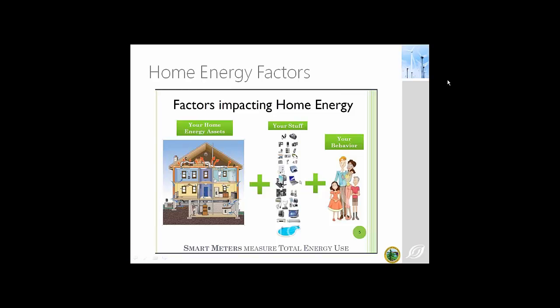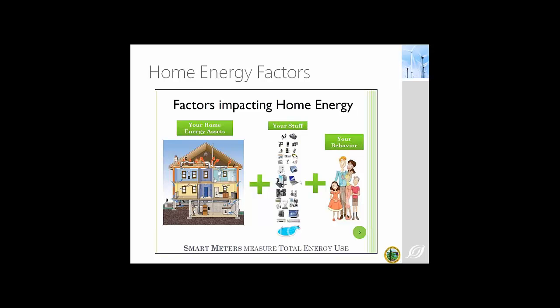Home energy factors. So there's really three main factors that contribute to your energy usage in your home. So your home energy assets, that's going to be your walls, your insulation, your attic, the physical building of your home, and then everything you put inside of it: appliances, computers, TVs, printers, game consoles, all those things that you plug in at some point.